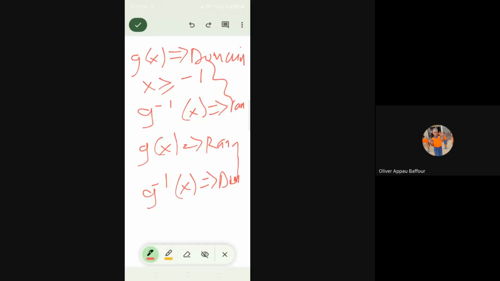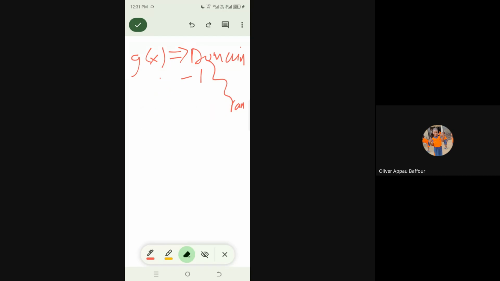So I'm going back to the board. We are being asked to solve f of f inverse of x.